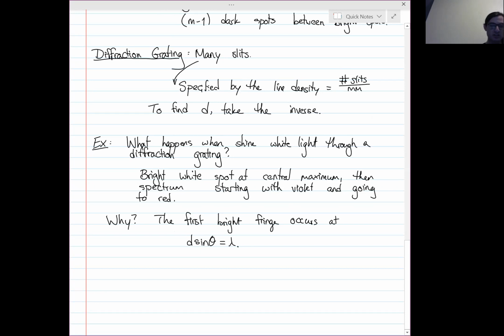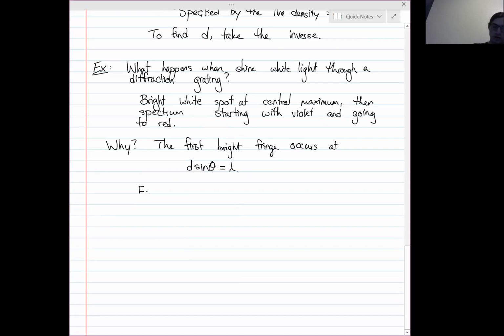So for a fixed d, it's the same for all of the light. And for a smaller wavelength, we would get that theta is smaller, which implies that we would get violet first.